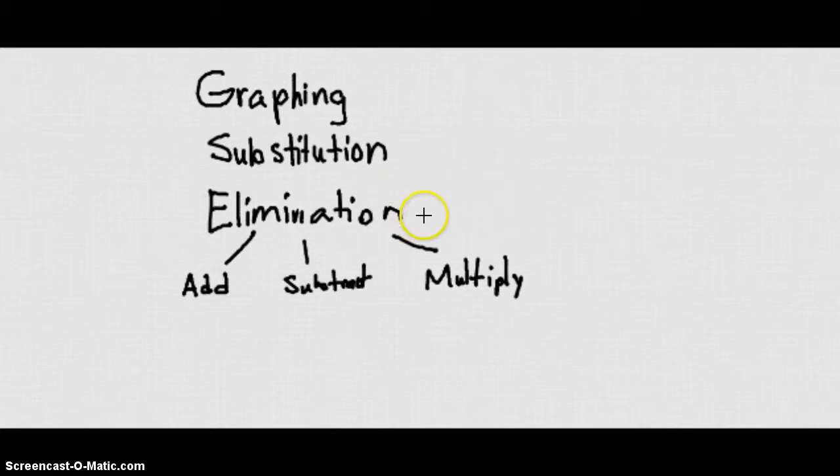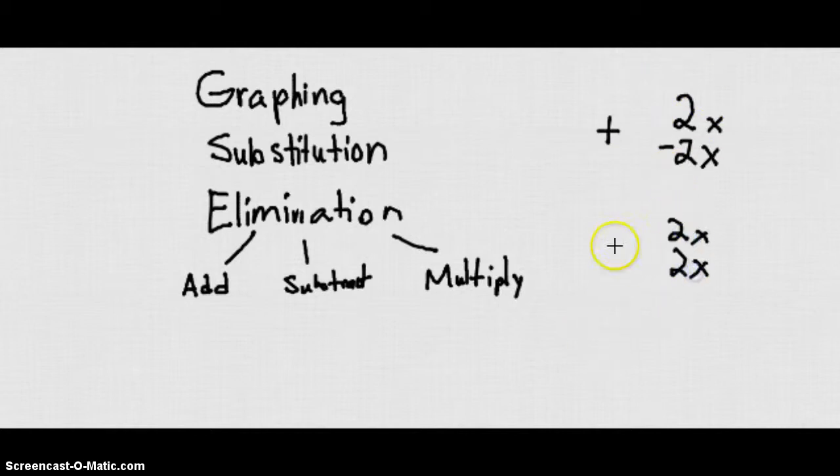Elimination is when you have coefficients other than 1. And addition and subtraction: addition is when you have coefficients that are opposite. So if you had something like 2x and -2x, then you'd want to use elimination by addition to add those and cancel them out. If you had 2x and 2x, that's when you want to use elimination by subtraction.